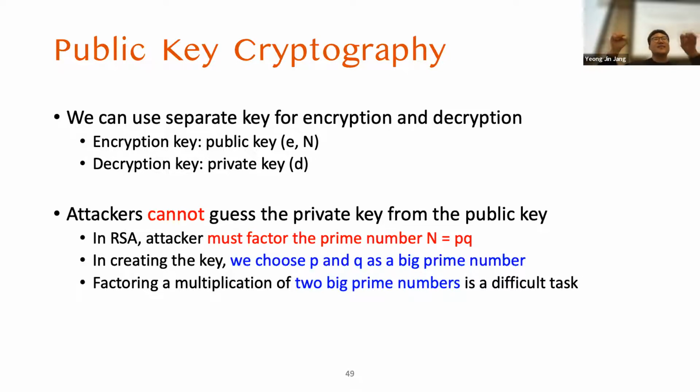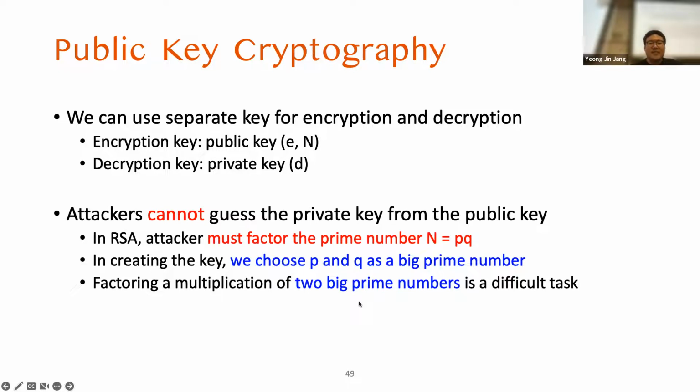Because if two numbers in the range of 2 to the 2047 to 2 to the 2048 are multiplied, then we can get 2 to the 4096. So we choose big enough prime numbers, and that makes factoring the product of those two numbers super difficult.